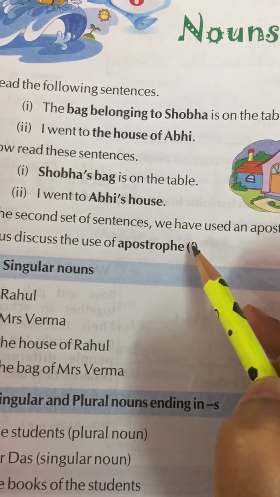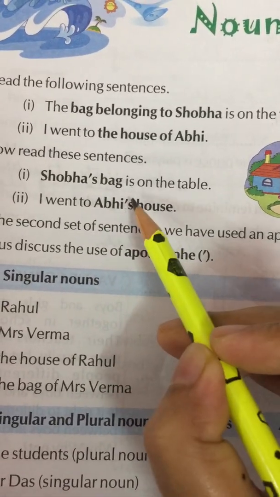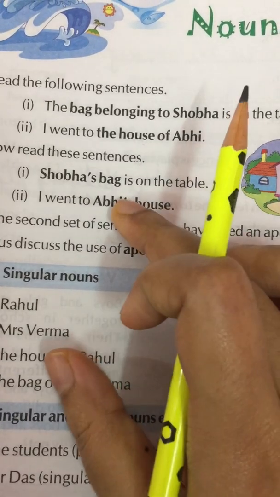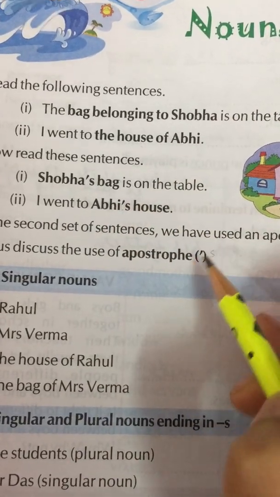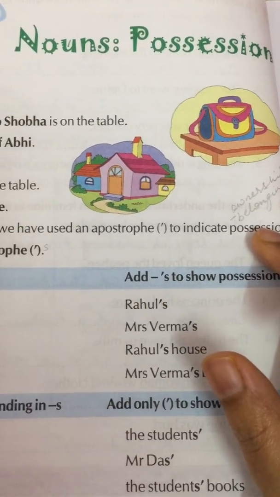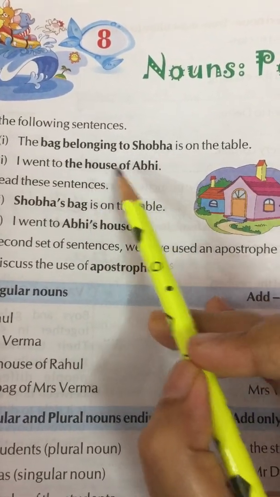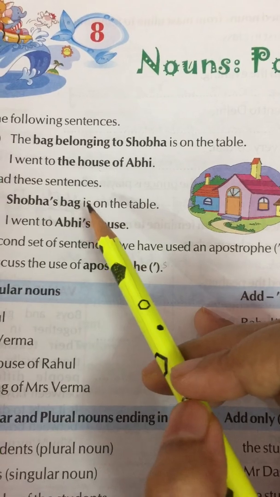We have used this apostrophe sign. This sign is called apostrophe and S. What does it show? It shows belongingness, ownership or possession. The house of Abhi means the house belongs to Abhi.